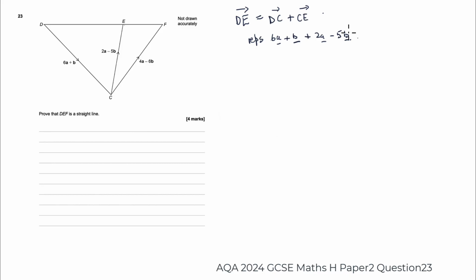And we can add these like we do algebra letters. 6A plus 2A, 8 lots of A. And 1B minus 5B would be negative 4B. So we've got the journey from D to E representing 8A minus 4B.